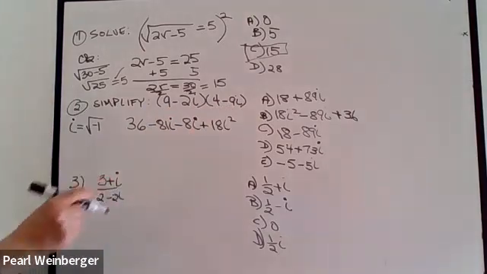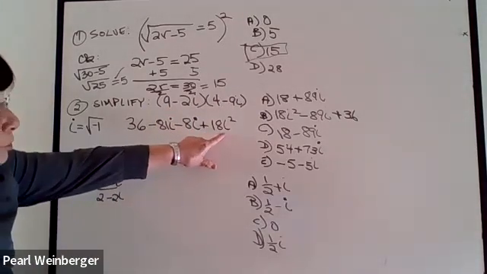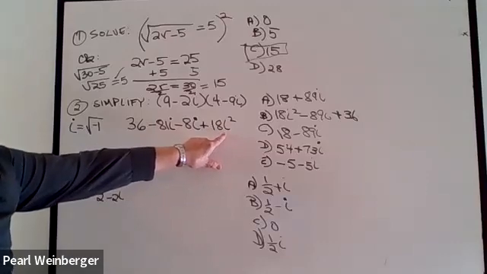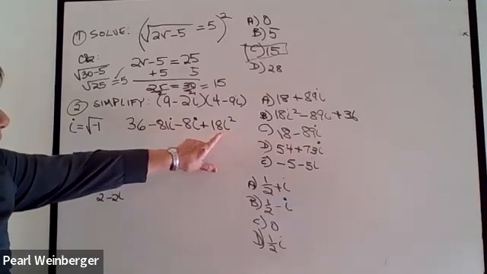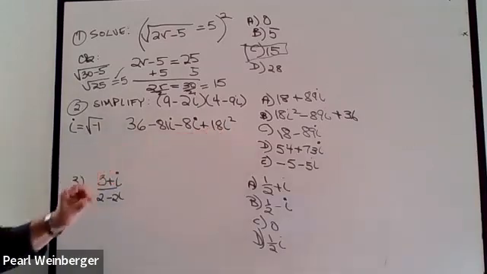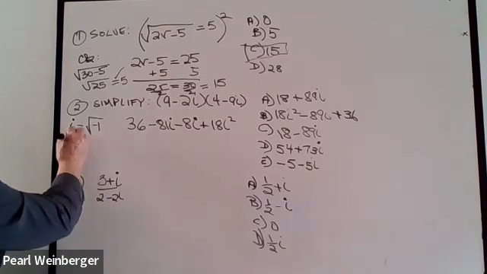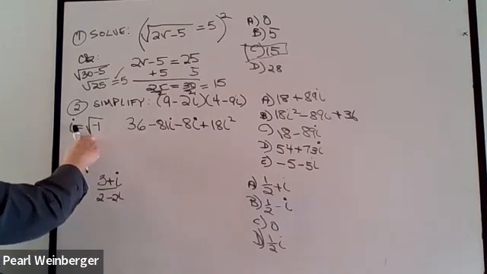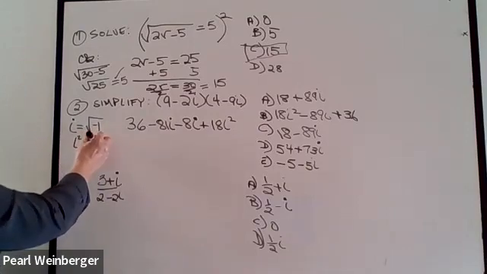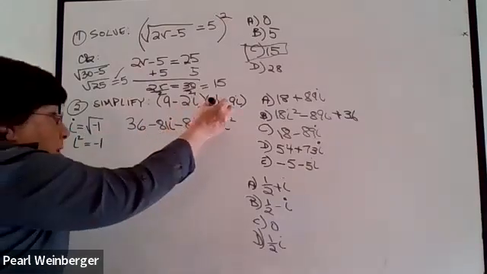And what you have to remember is that wherever you see an i squared, this is where it's different than regular algebra. i is a specific number. It's not a variable. i squared is the square root of -1 times the square root of -1, which is just -1.